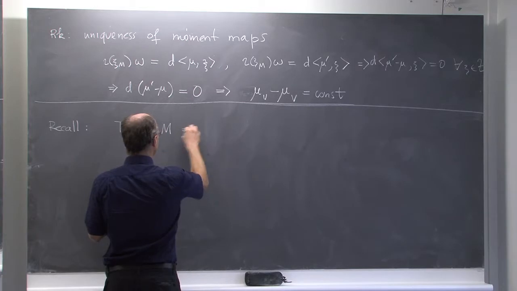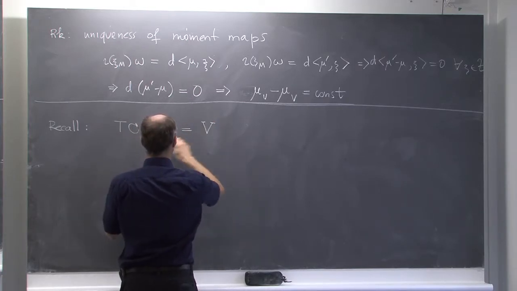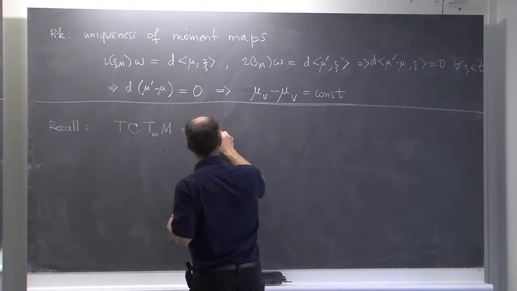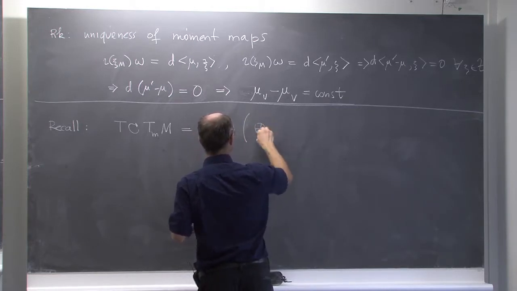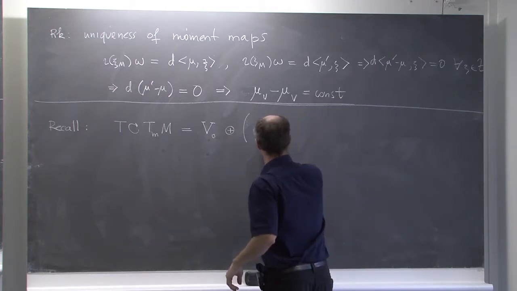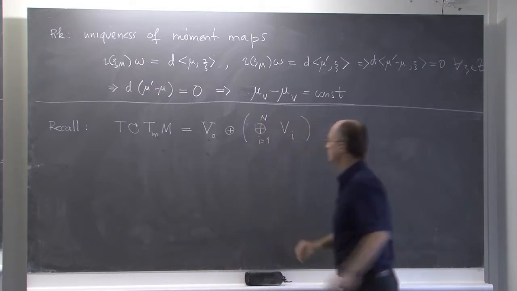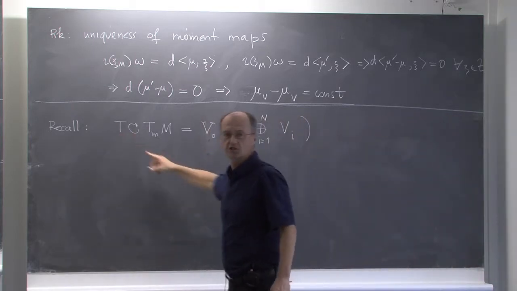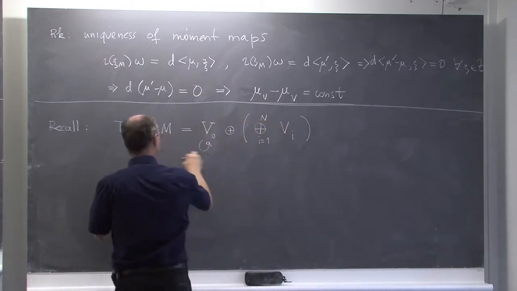So we know that, let me write it in the following way, T_m admits a decomposition. It's a direct sum of a vector subspace V0 plus the sum of some number of subspaces Vi. The T action is just a diagonal T action, where on V0 the T action is trivial.